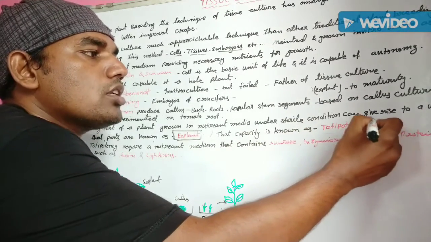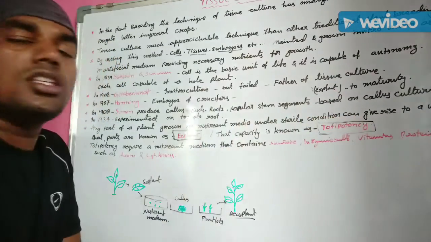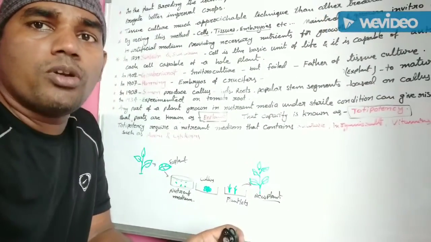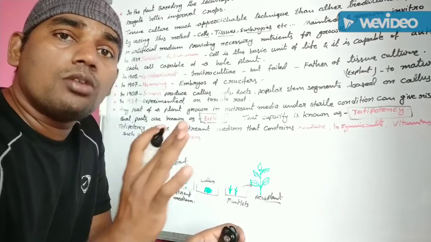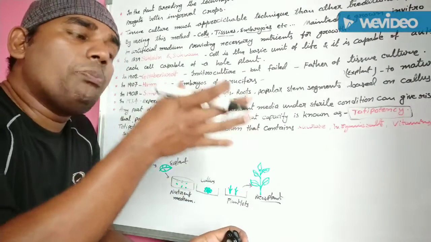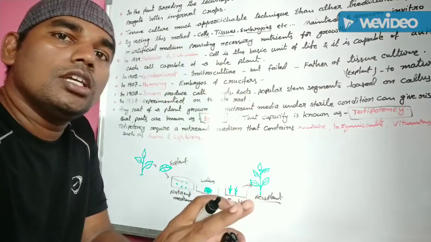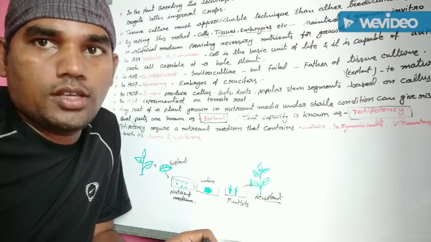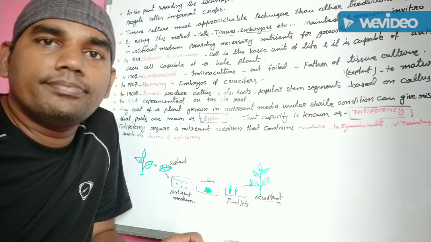What is totipotency? Totipotency means nothing but the entire whole plant is formed from any part of the plant body. This type of plant body part capability is known as totipotency. Understand?